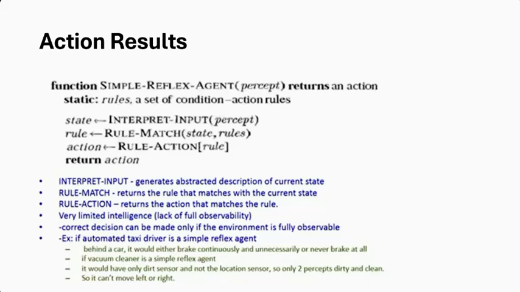Lack of full observability. To correct the decision, it can be made if the environment is fully observable. Eh, hindi siya ganoon eh. Kagaya na if the automated taxi driver, on that case, we call that automated taxi driver a simple reflex agent.